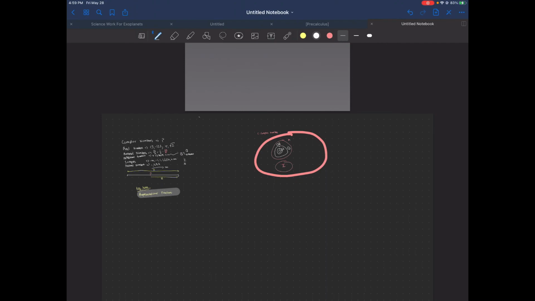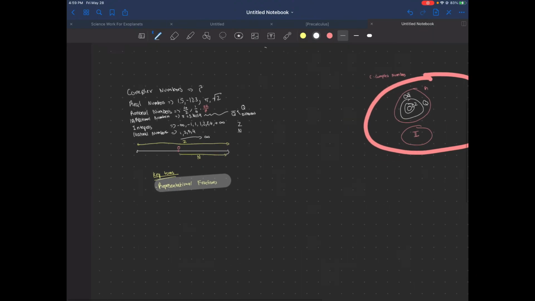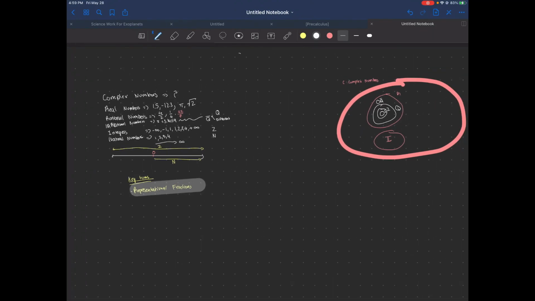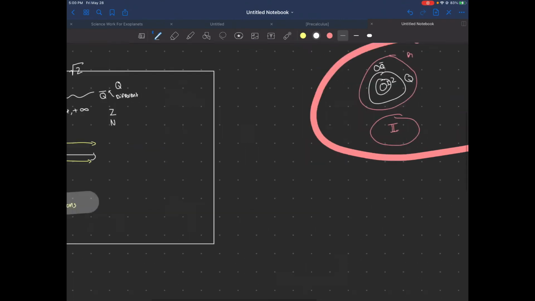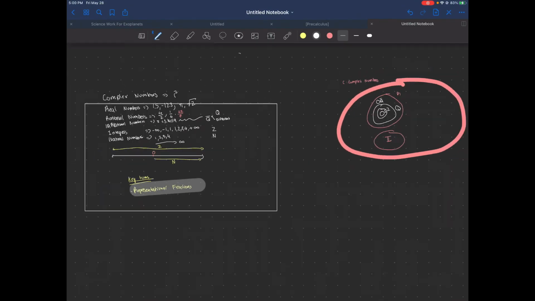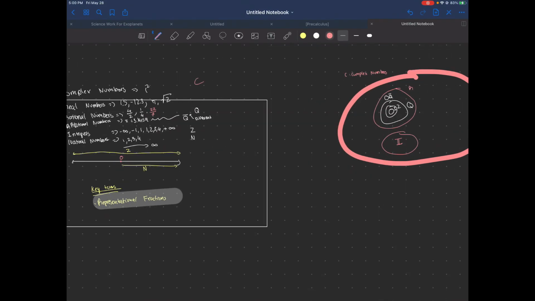Now let me answer a question that you might have. I've been talking in depth about these topics, but I haven't been talking that much about complex numbers. Complex numbers, which is C, by the way. C might be I, but that's actually extremely wrong, and we never want to think that way.